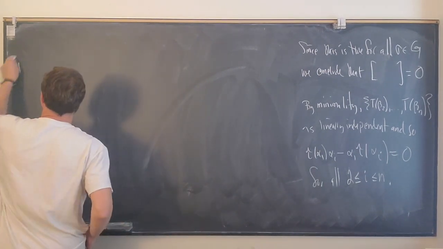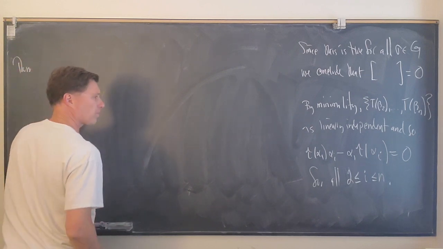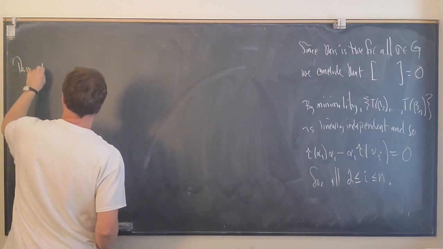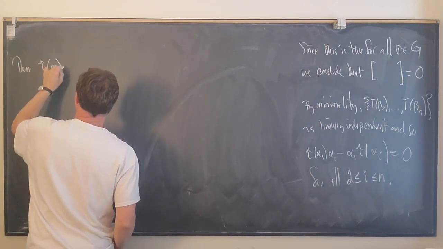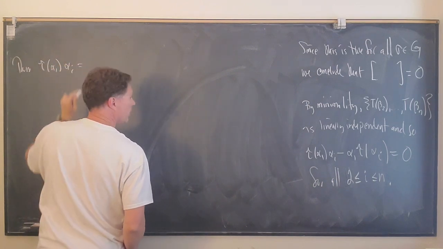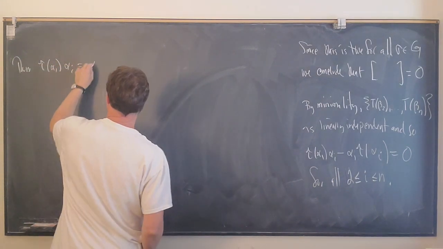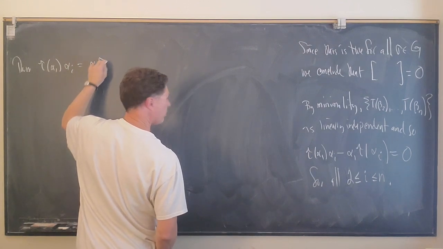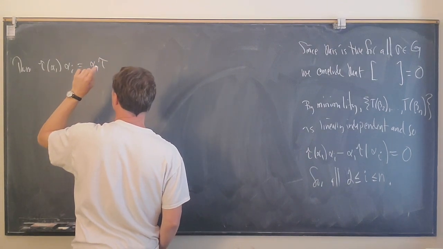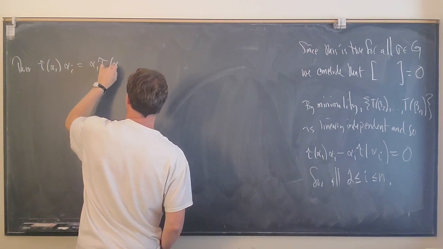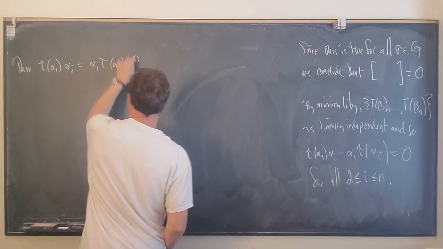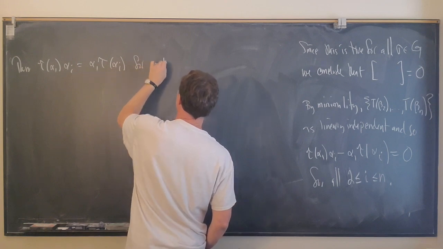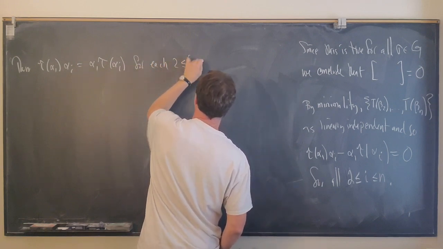So then tau alpha 1 alpha I is equal to alpha 1 tau alpha I for, oh, now I see. Okay, so each 2 less than or equal to I less than or equal to n.